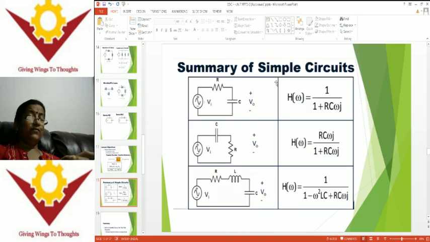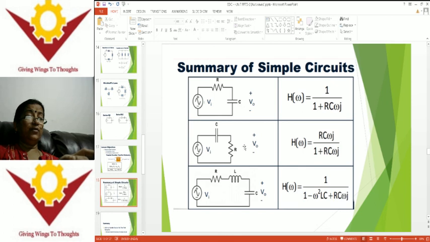So a summary of simple circuits: here R and C are connected in series with respect to the input voltage Vi, and we calculate the transfer function H of omega. In the first circuit, C and R are connected in series but we take the drop across the capacitor, and here we take the drop across the resistor.